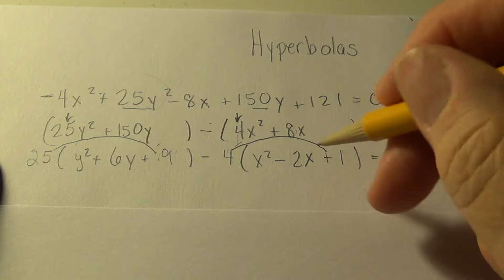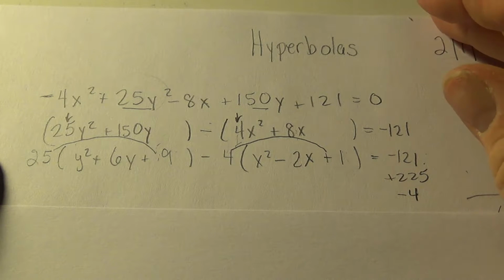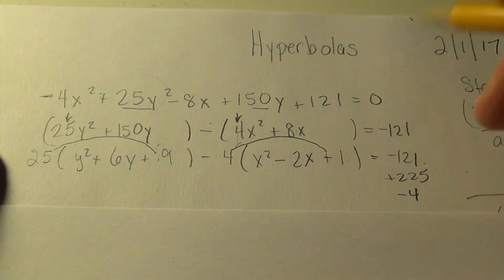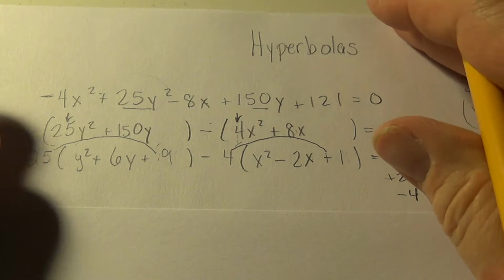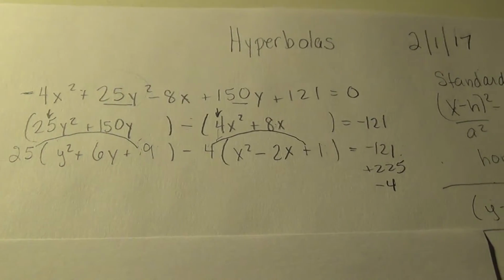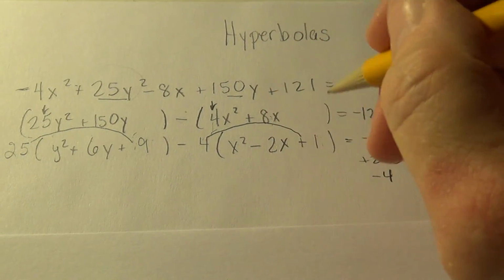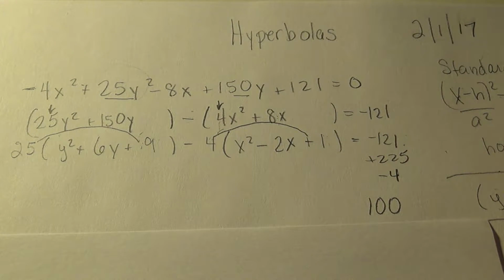So whatever happened on this side, I have to do the same thing on that side. So when I subtract 121, add 225, and minus 4, I come up with, ta-da, 100. You can almost tell when you're getting it right because it usually comes up to a nice number. And I say 100 is a nice number.